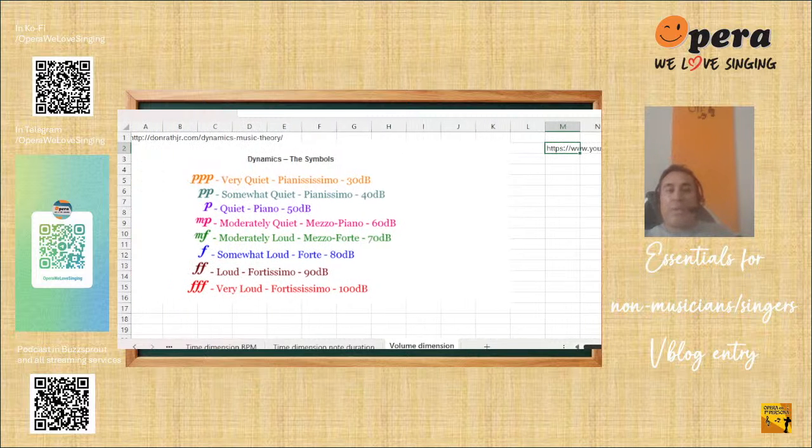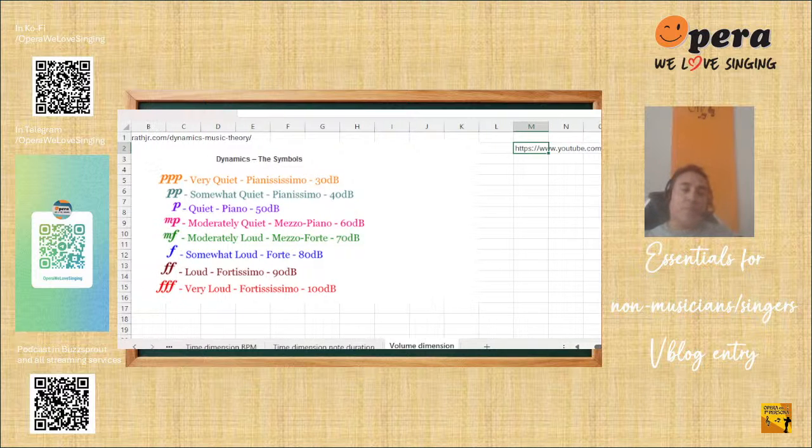At the end, my point here is that you are able to understand that these notations of the dynamics have a very discretionary way of making an interpretation of what is quiet, moderately loud, somewhat loud, and even if you give the numbers, unless you have a pattern or a point of reference, there is no clear indication of what a 40 or a 60 decibels may actually sound like.